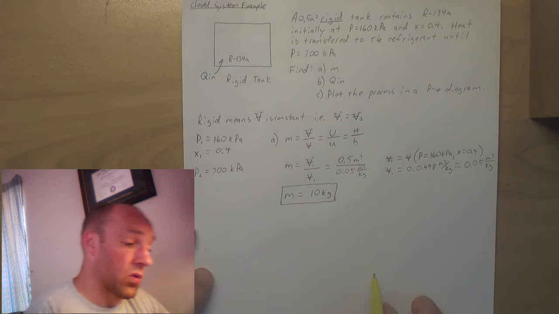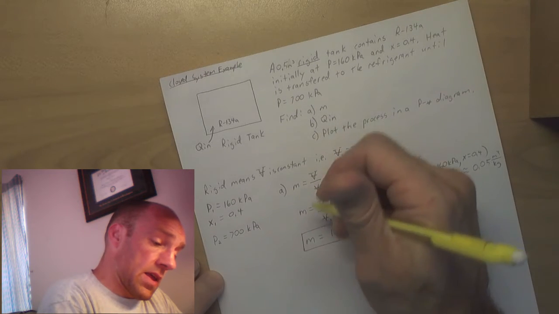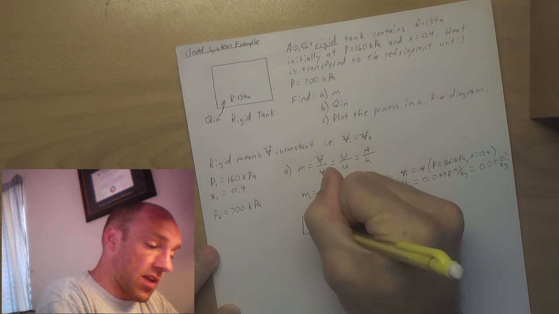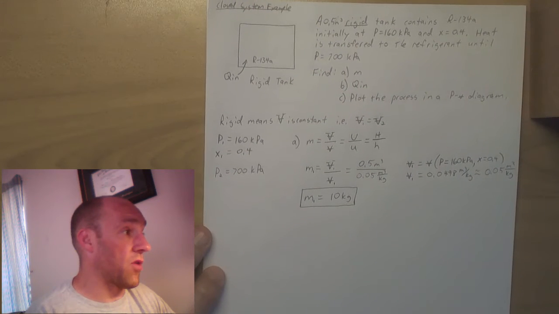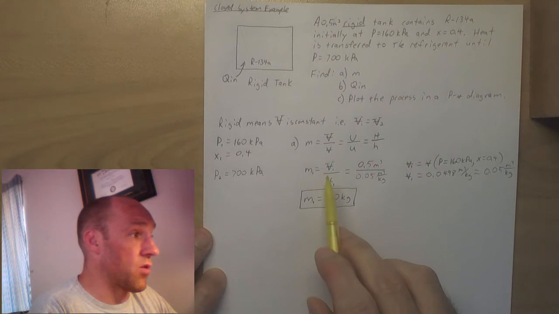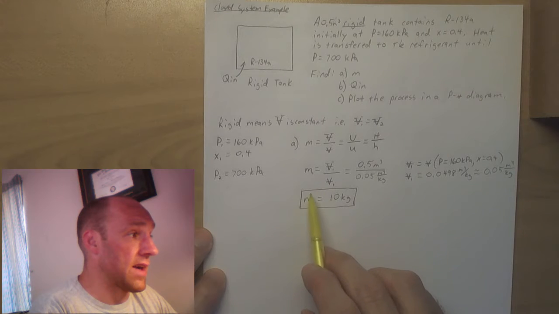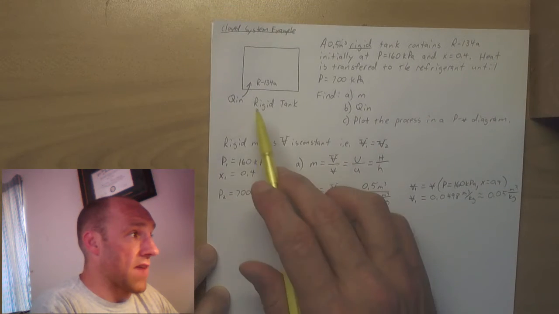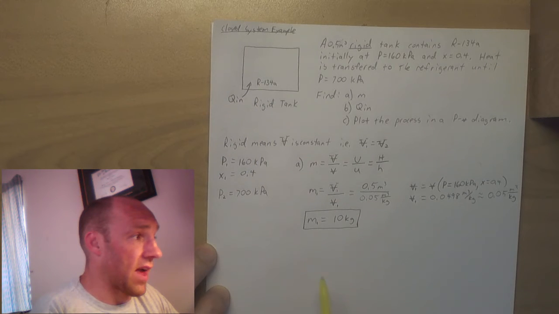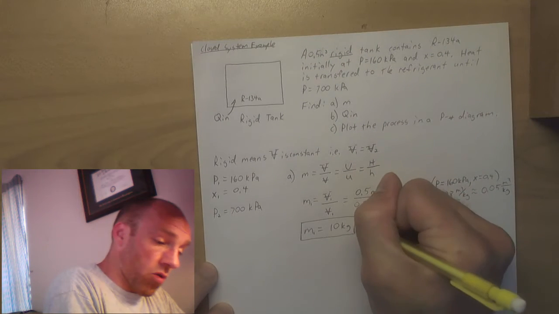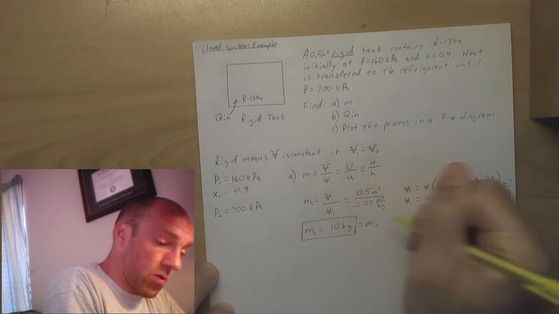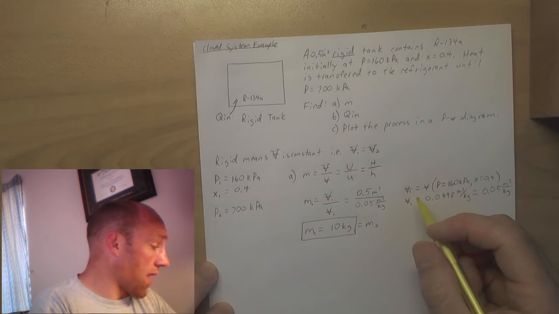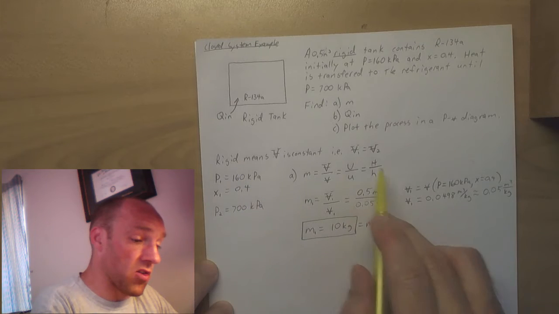Now, really I calculated this for state 1. Specifically, I calculated it for the initial state, using the initial properties. However, the mass isn't going to be entering or leaving the tank, so I know that M2 is also equal to the mass at state 1.